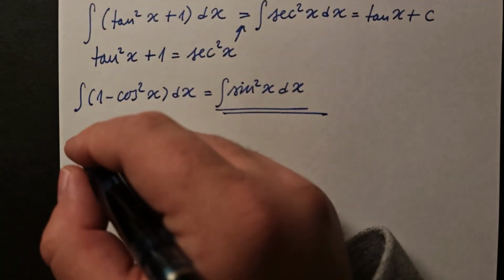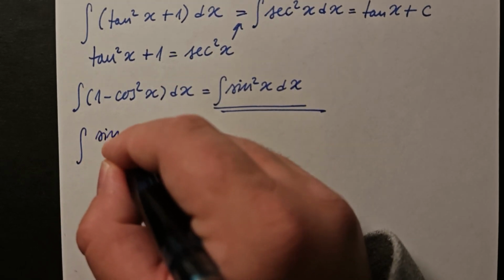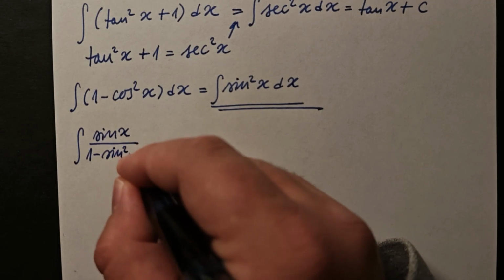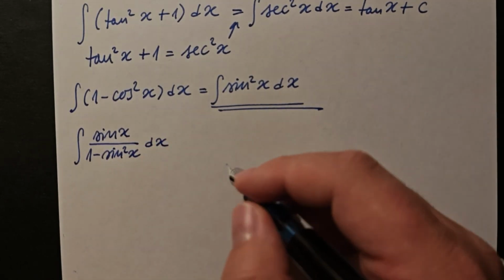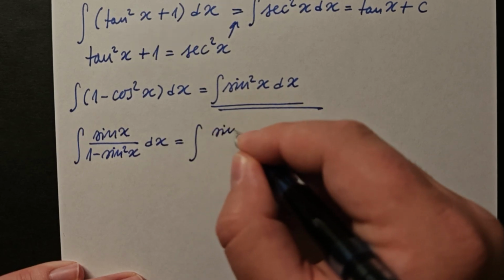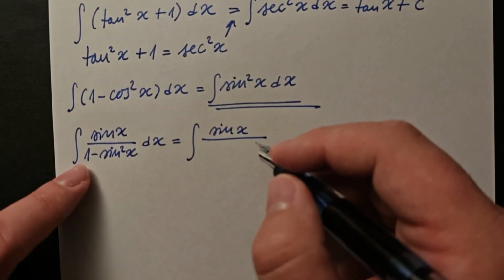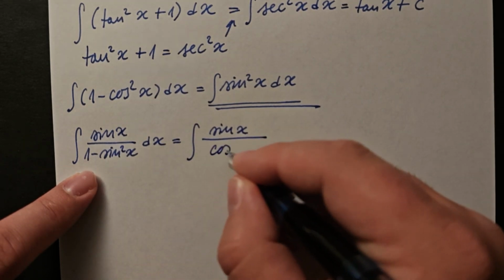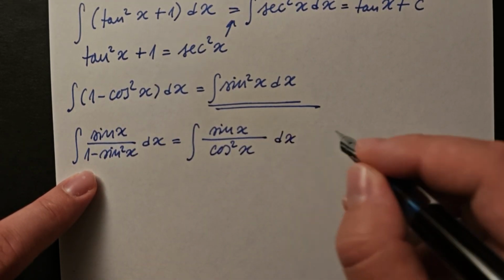Let's observe now the integral of sine x divided by 1 minus sine squared of x dx. We can use trigonometry again, and this is transformed into sine of x divided by cosine squared of x dx, since 1 minus sine squared of x is cosine squared of x.